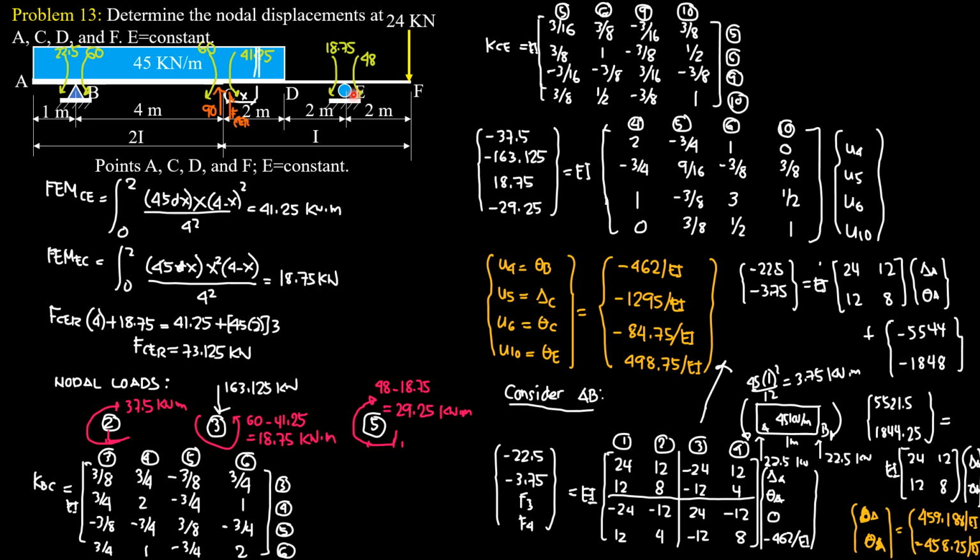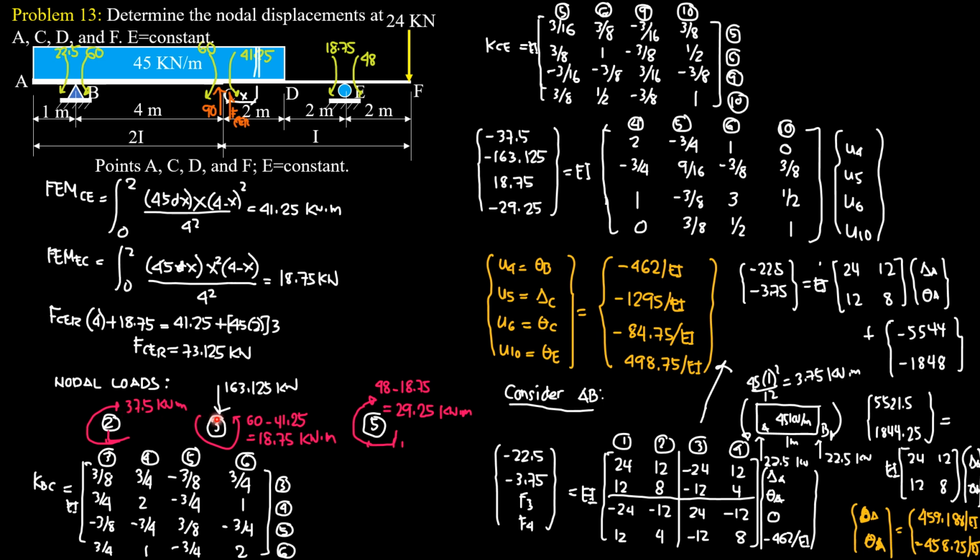C is node 3 and this is node 5. So that's why the numbering is 5, 6, 9, 10. D is node 4. That would be 7, 8, to be solved later. So these are the equivalent nodal forces at node 2, negative 37.5.